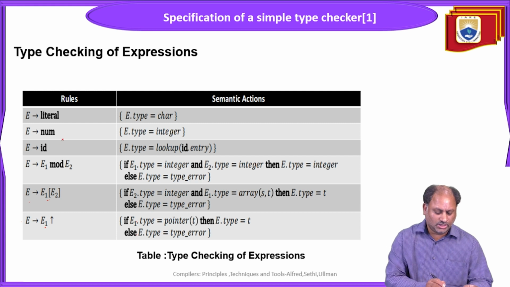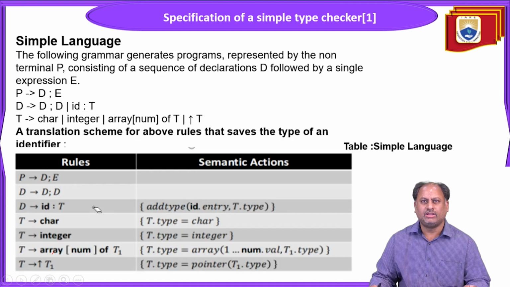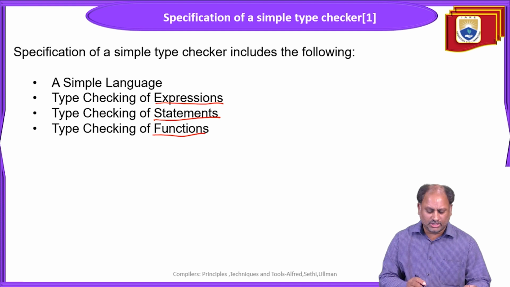So the rule may contain either a mod operator, array, pointer, identifier, numeral, literal, or constant, that is an expression type. It may contain simple language notations, individual statements, a sequence of statements, an if statement, a while statement, or any other structured statements, and functions with domain and range sets of values.